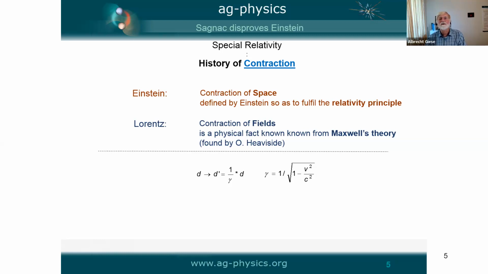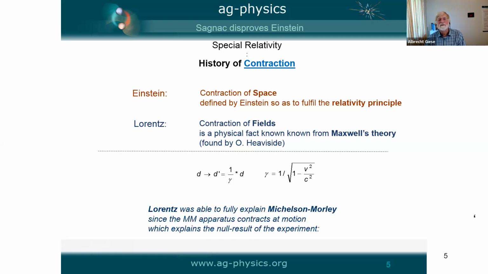For Lorentz, it's a contraction of fields, a physical fact known from the Maxwell theory, found by Heaviside. Here are the equations, which you find again in the Lorentz transformation later. Lorentz was able to explain the Michelson-Morley experiment, since the apparatus also contracts at motion, which explains the null result of the experiment.